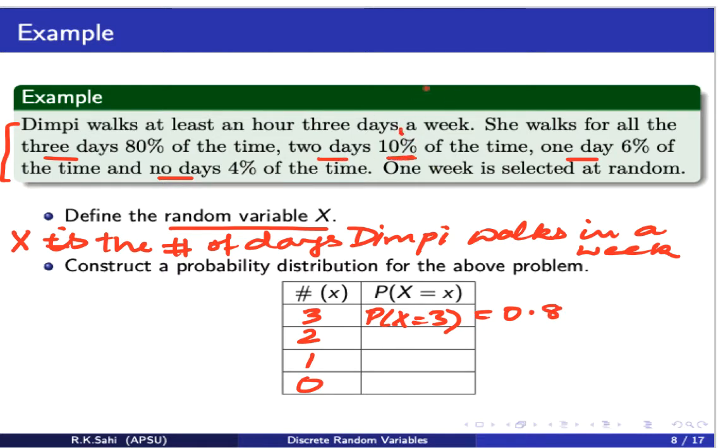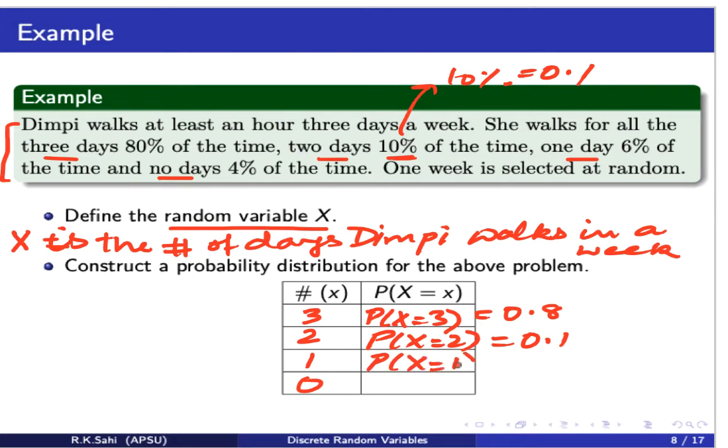Because when you write probabilities, we always do probabilities in terms of decimals, but when we write the analysis, we write in terms of percentages. So this is 10%, which is equal to 0.1. So probability when x is 2 is 0.1. Then 1 day, she's walking 6% of the time.